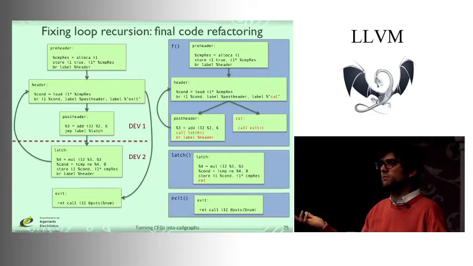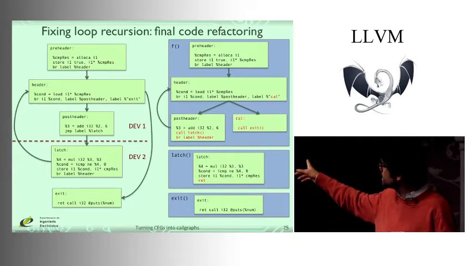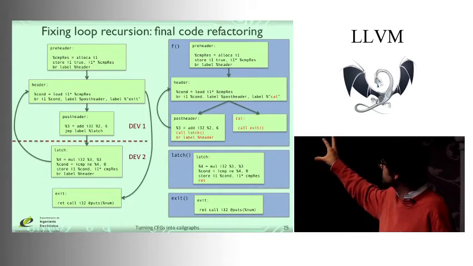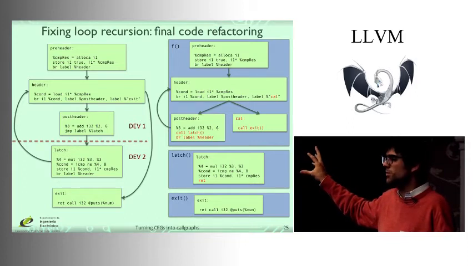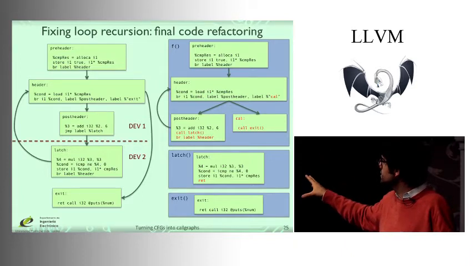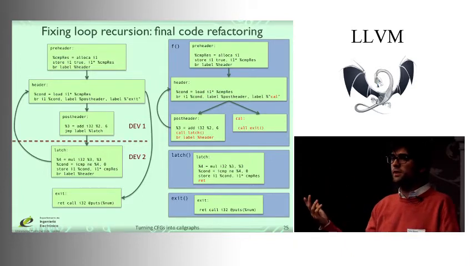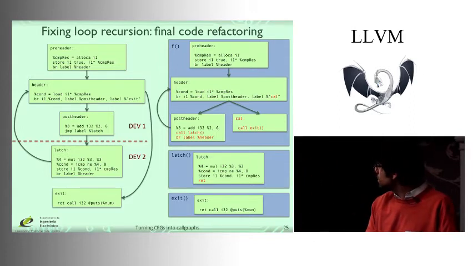So we don't have the recursion problem anymore, and we make the post header, which is a special basic block that we have added after the header. Specifically, we make the last basic block in that function branch to the header, but after it has called the latch function. So the functionality is again the same as the original code, and additionally we don't have the recursion problem now.